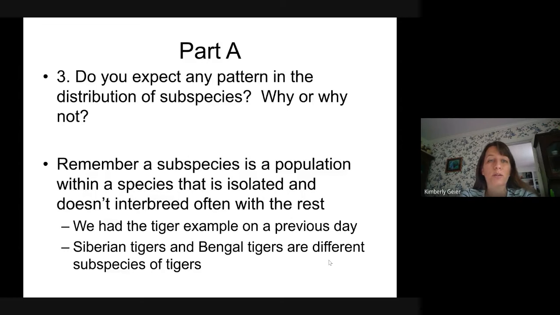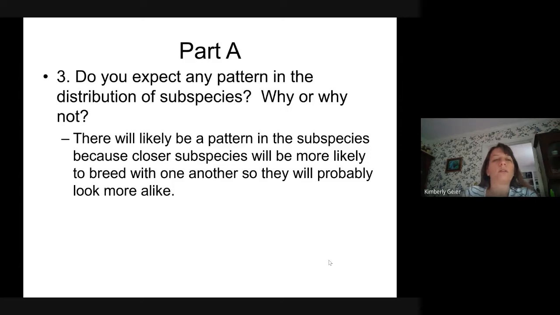So what about these salamanders? Do we expect any pattern in the distribution of subspecies? So there will be a pattern in the subspecies because closer subspecies are going to be more likely to breed with one another, so they'll probably look more alike. The closer you are, the more similar they're going to look.